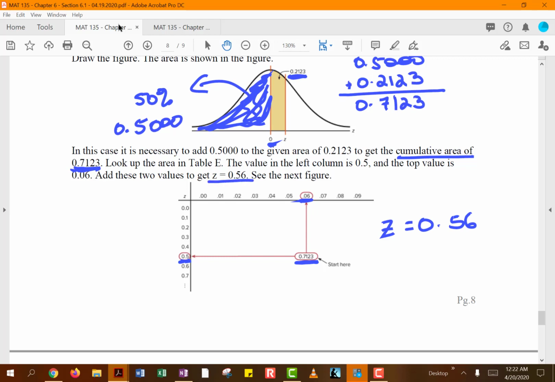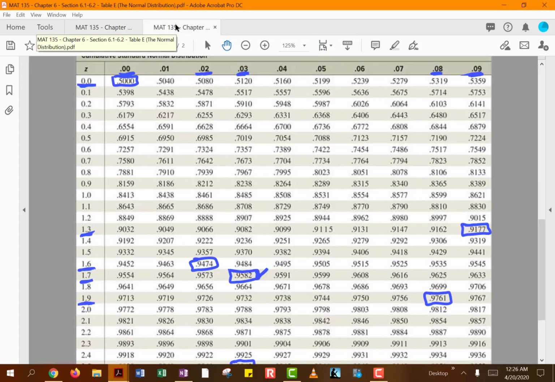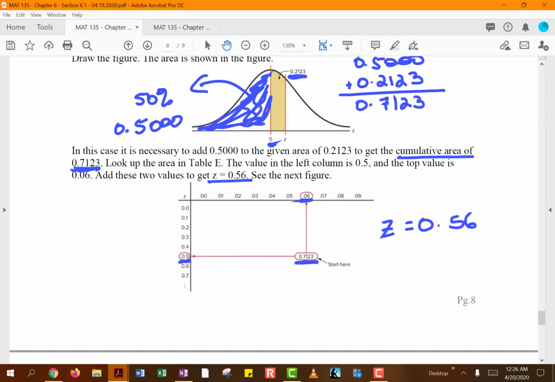So let's go to our table and verify that. For 0.5 here and then 0.06 there, we should be at 0.7123, and of course you'll notice that does work. So that gives us our z-score of 0.56.